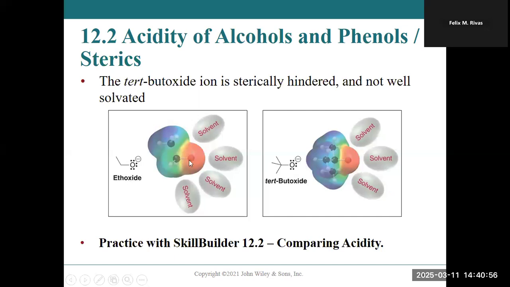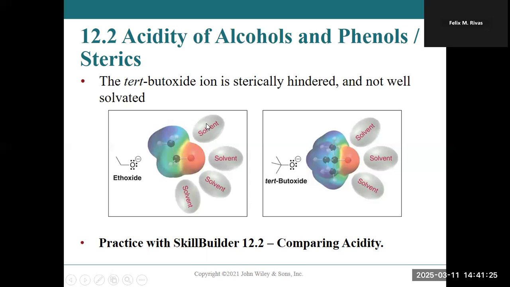Ethanol is a small molecule as represented here, and there are more molecules of solvent surrounding the negative charge because the carbon part is not blocking it as much. However, in tert-butoxide, the carbon part of the conjugate base is relatively large, so it does not allow for many molecules of solvent to cover up the negative charge. And when you're covering up the negative charge, you make it more stable.